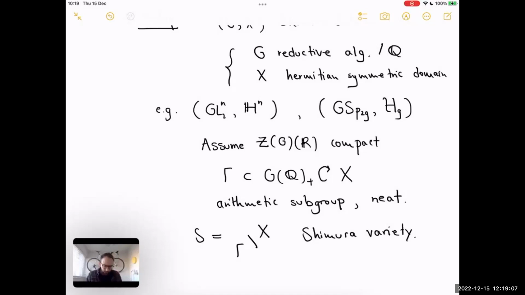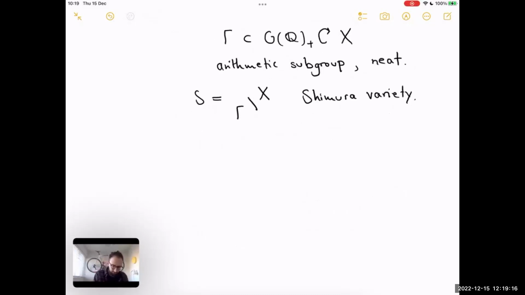So I want to talk about the Zilber-Pink conjecture, which concerns the special subvarieties of this S. Let me just remind you the definition of those, at least partly. There's a natural notion of a Shimura subdatum, a subgroup and a corresponding sub-Hermitian symmetric space.